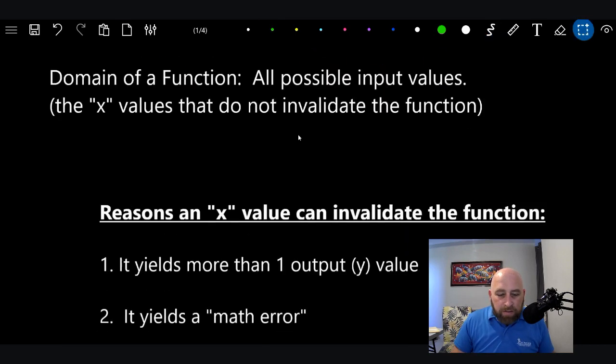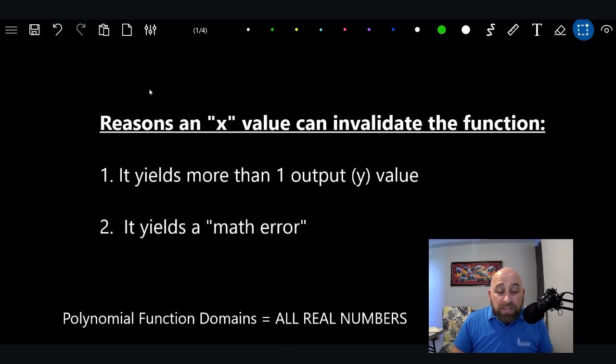Okay, let's look down here. I've got some reasons an x value can invalidate the function. What does that mean, to invalidate? Well, to make it not valid. You say, Mr. Steve, you can't use the word in the definition. Well, I just did, so deal with it. So what does it mean to be valid?